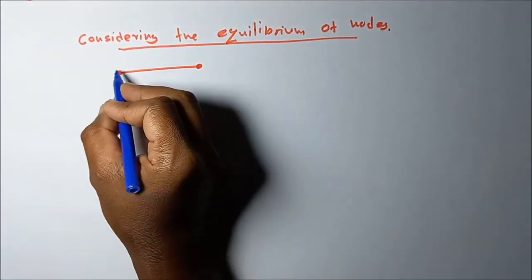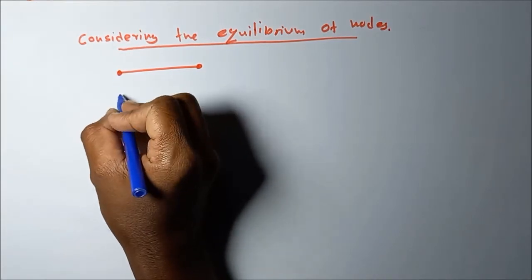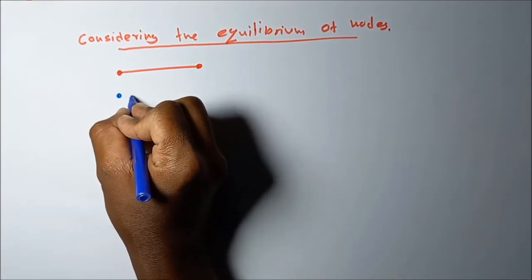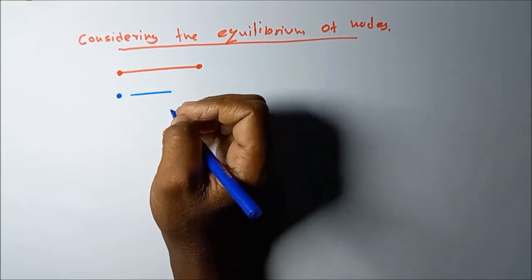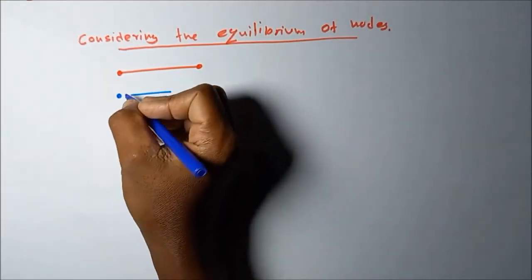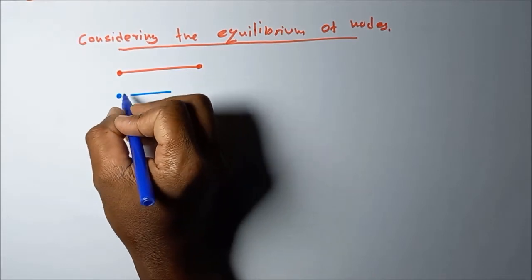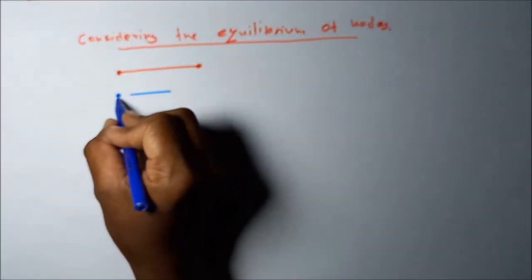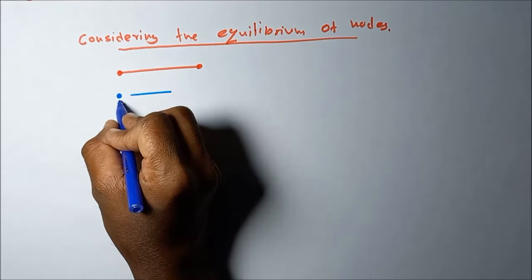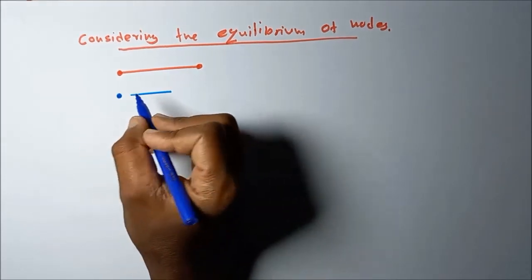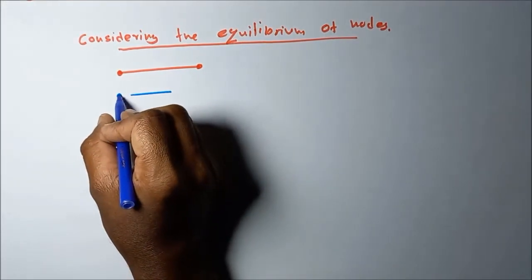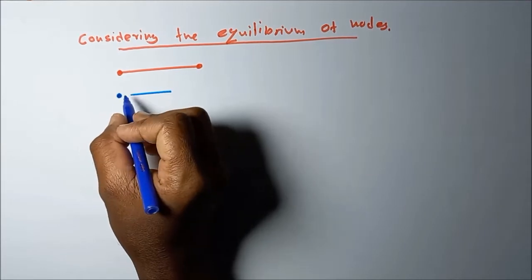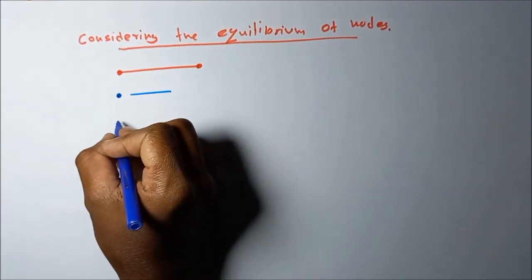Then I am going to separate this dot from the line. To understand this method, I am explaining in this manner. Then I am going to consider the equilibrium of this node.